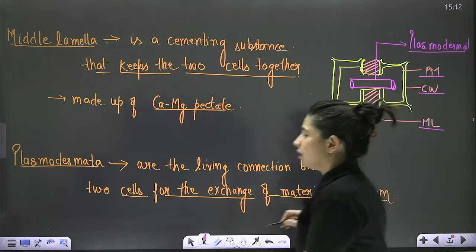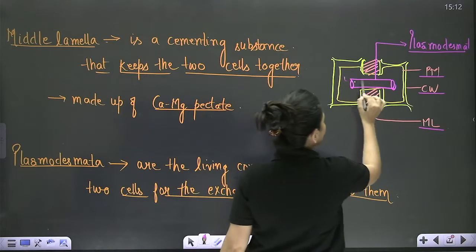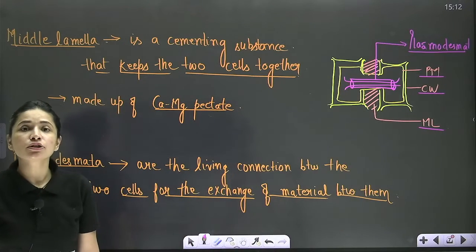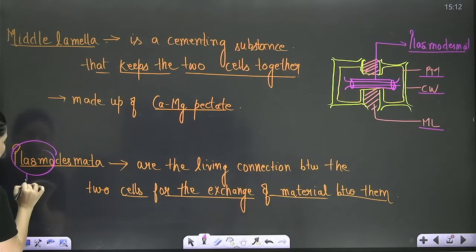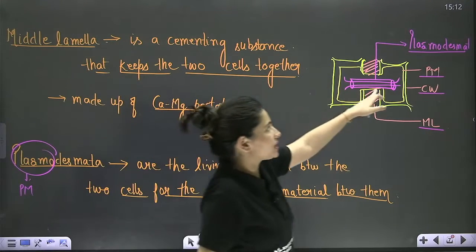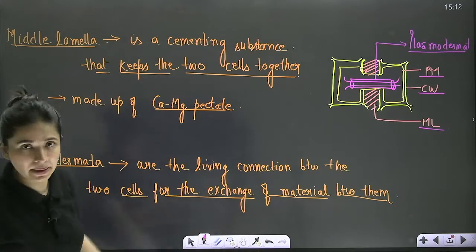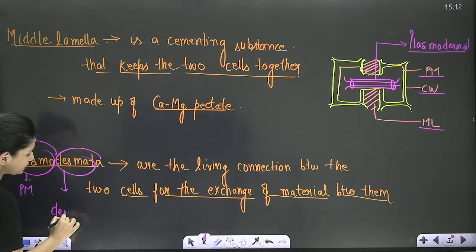Now, this plasmodesmata helps to allow the exchange of material between adjacent cells. The word plasmodesmata has come from plasma membrane, because to make this connection we need the living linings of plasma membrane, plus desmo has come from desmotubule.